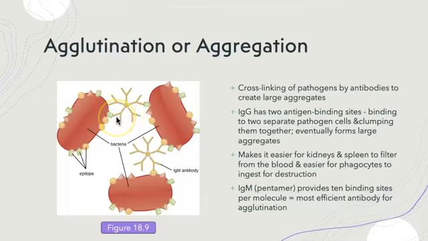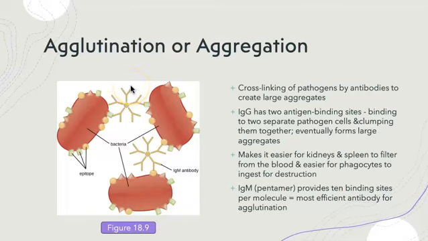What I mean by that is that we are able to take those antigen binding sites and attach to two different epitopes on a pathogen. Now, when we look at IgG, we know that's a monomer, and we only have one of these Y shapes to it. So it has these two separate areas that it can attach to their epitopes.